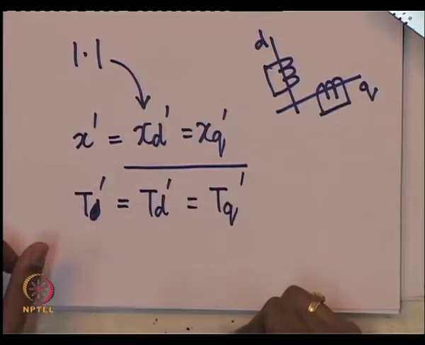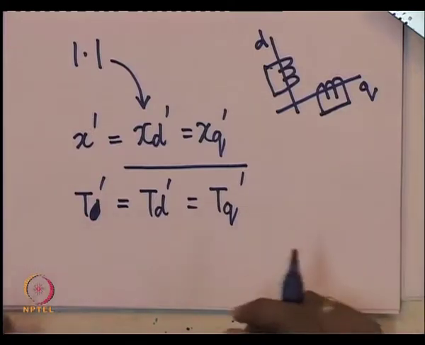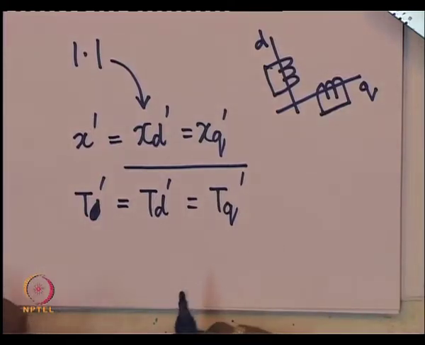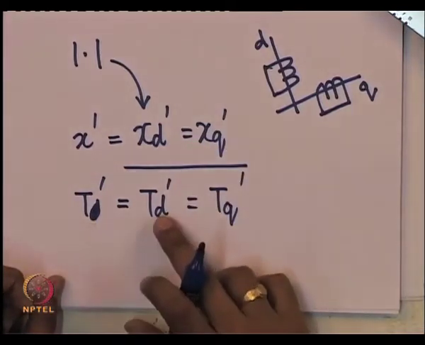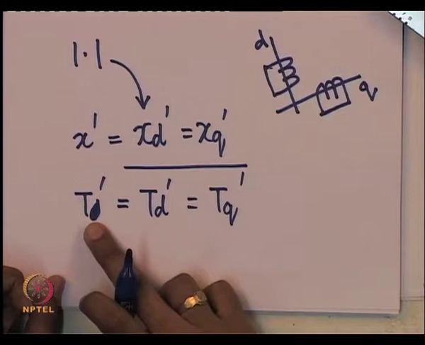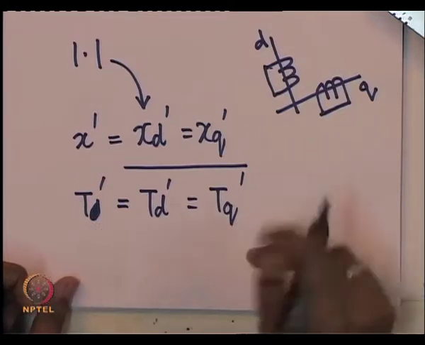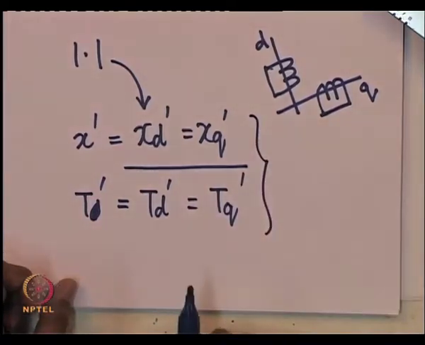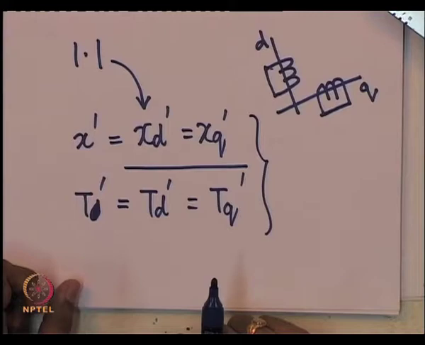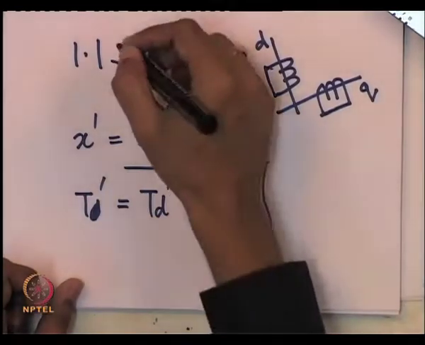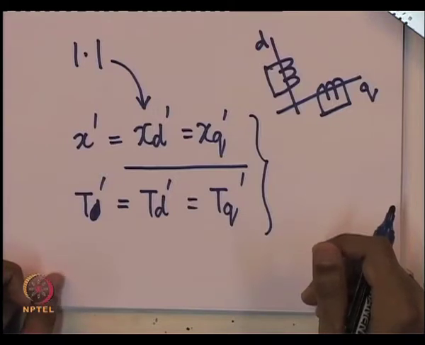equate. Effectively, what I have done is got this from the 1.1 model simply by setting x d dash equal to x q dash and T d dash equal to T q dash. You can in fact get an induction machine model from the 1.1 model. So, the 1.1 model of a synchronous machine can directly yield the induction machine model.